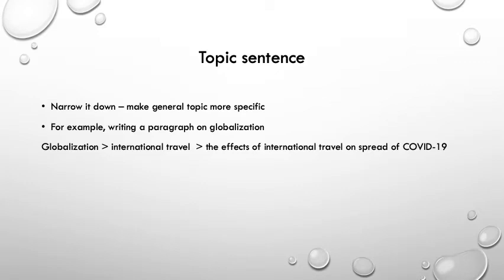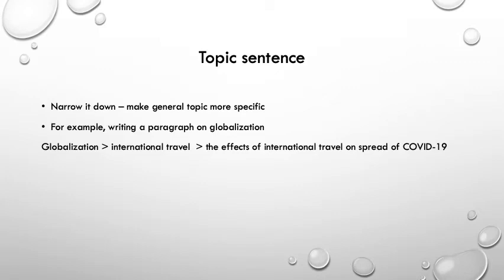When writing topic sentences, make sure that you narrow down a general topic to a more specific topic. For example, the homework given was to write a background paragraph on globalization. Globalization is such a wide topic that it's very difficult to write one paragraph about it.